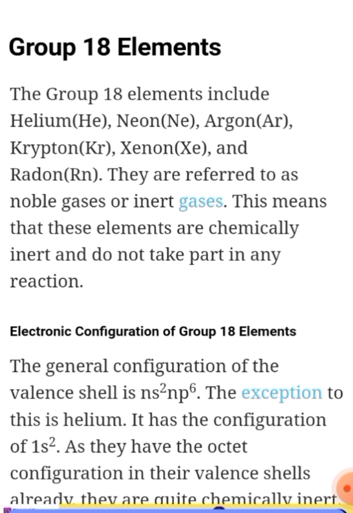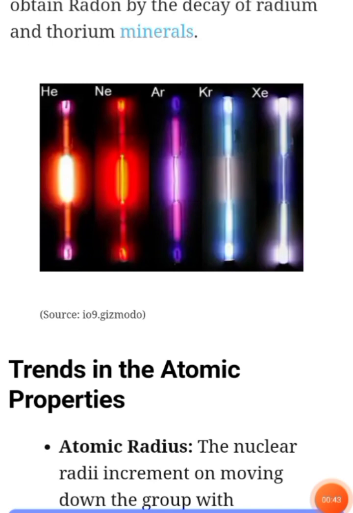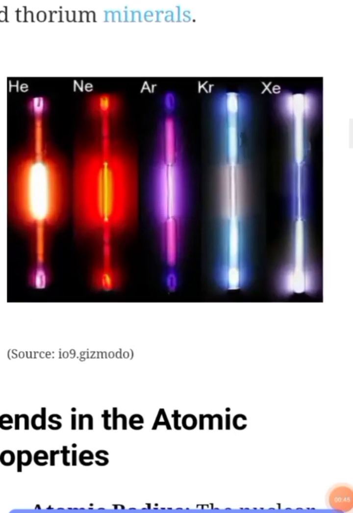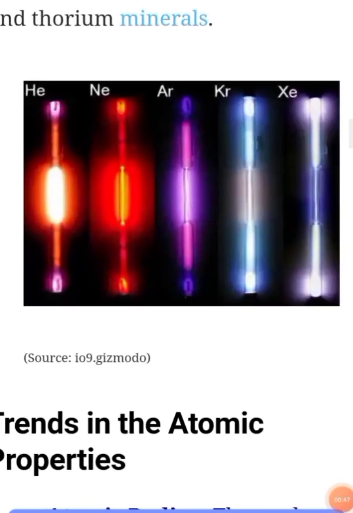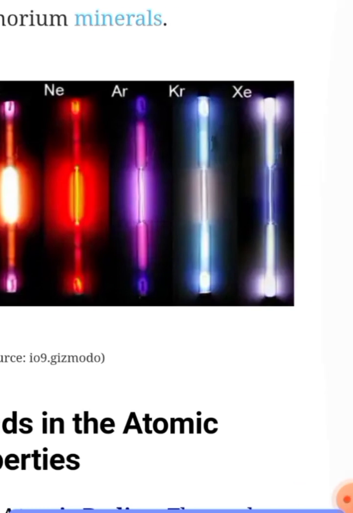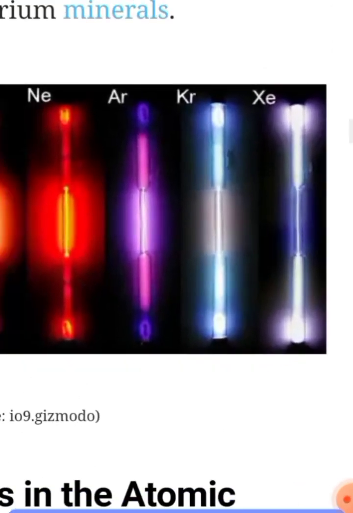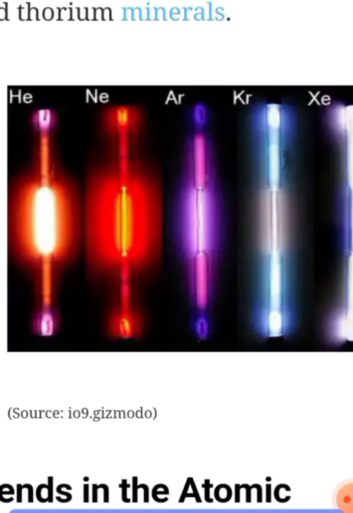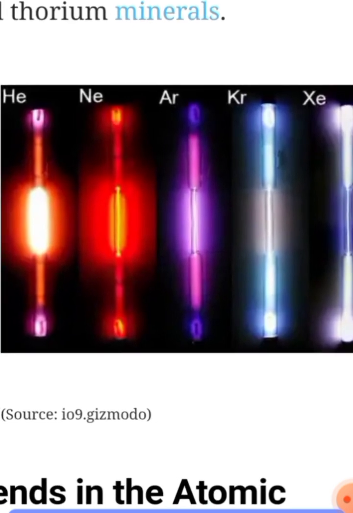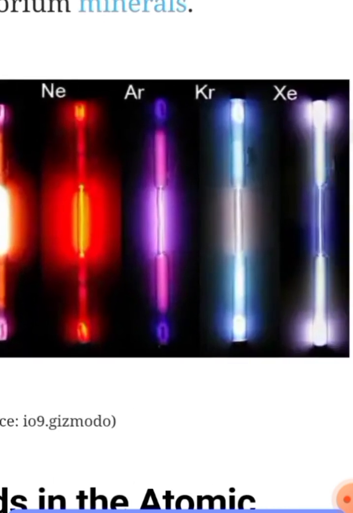I love these things very well, especially these noble gases. You can see the light they give when they are used in lamps. They are very lovely: helium, neon, argon, krypton, xenon.